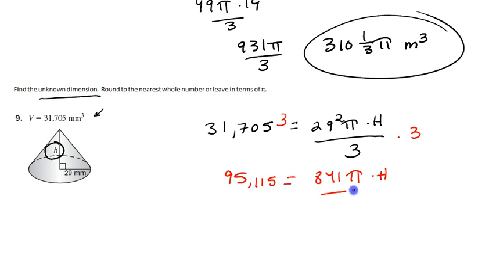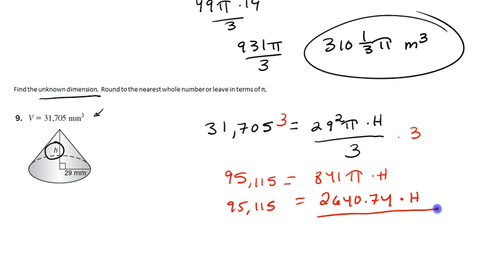Now actually, let's start by multiplying 841 times pi, or 3.14, which would give us 2,640 and 74 hundredths times height equals 95,115.